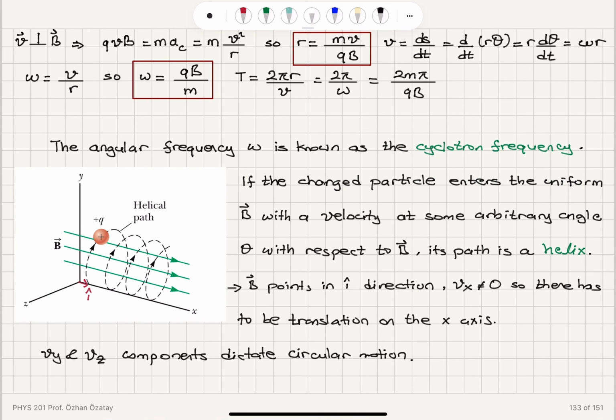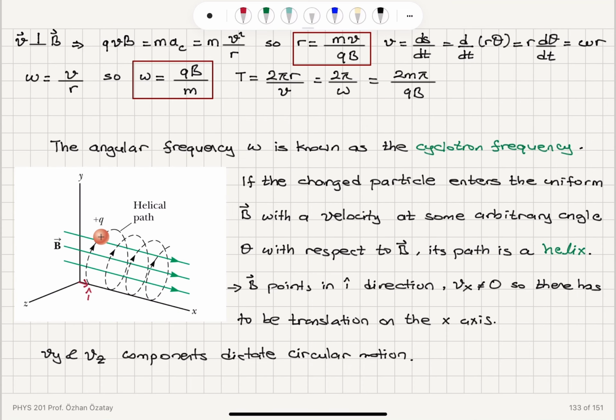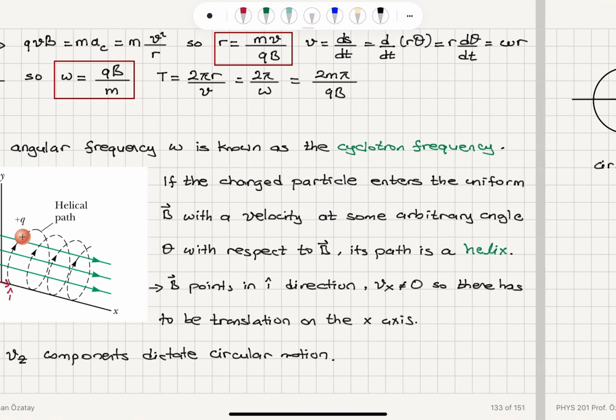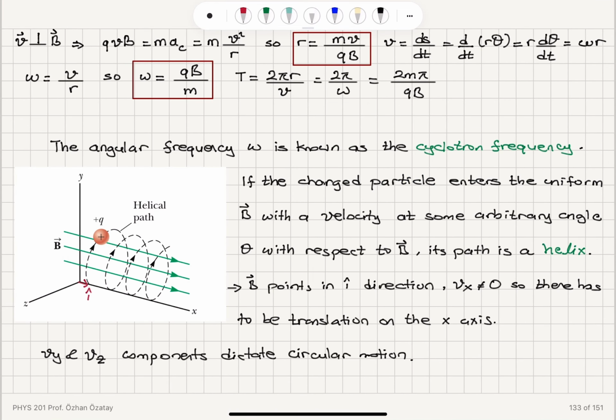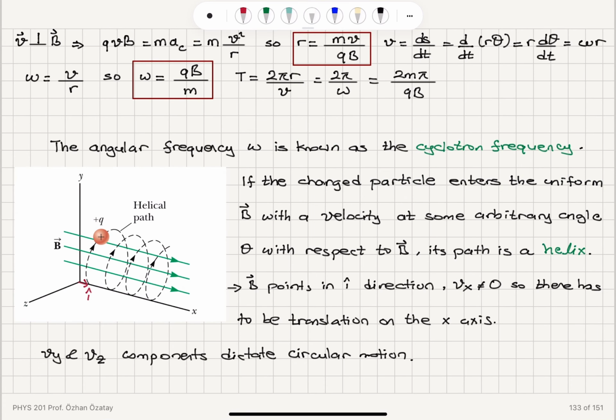If we plot the projection onto the yx and zx planes, what do we see? We see that the y component is increasing and decreasing, increasing and decreasing. So we have this sinusoidal path on the y-axis. And for the z component as well, it is increasing and decreasing, so we will have another sinusoidal path for z.